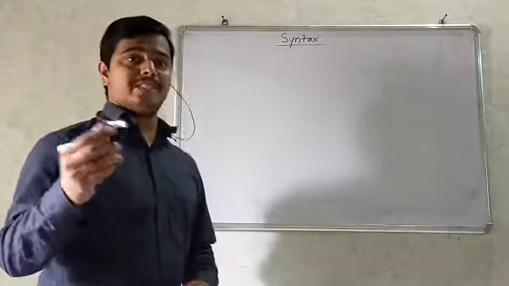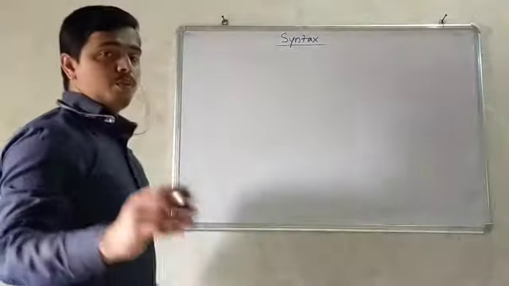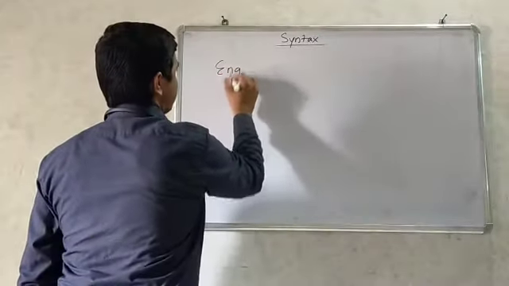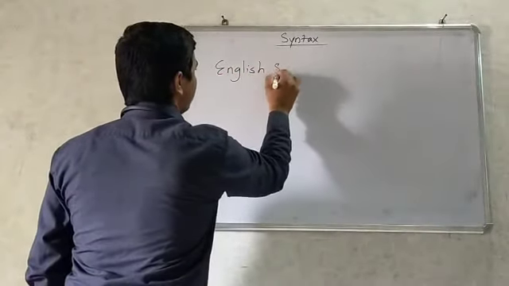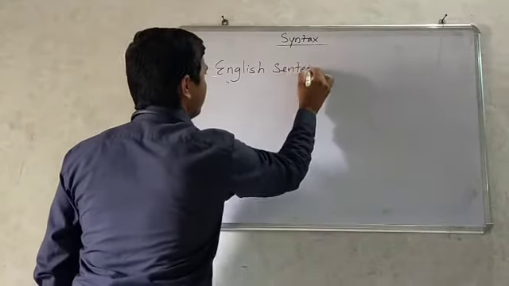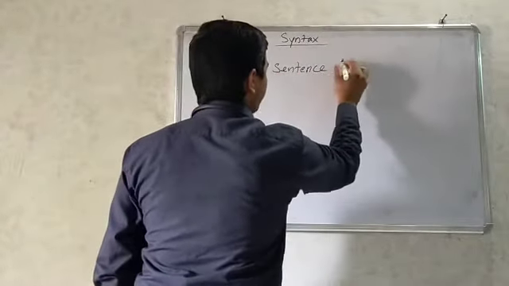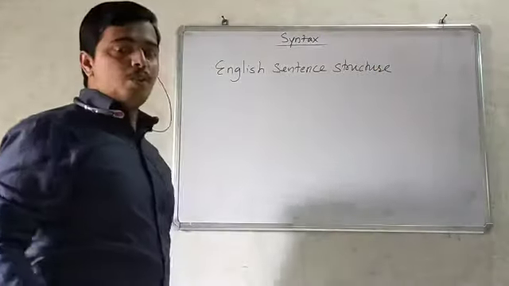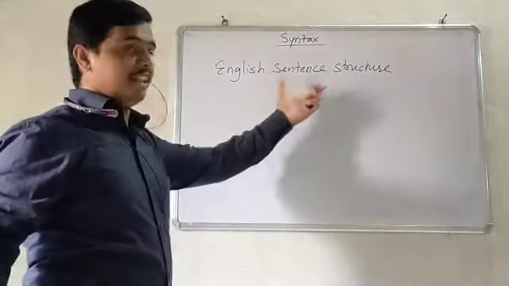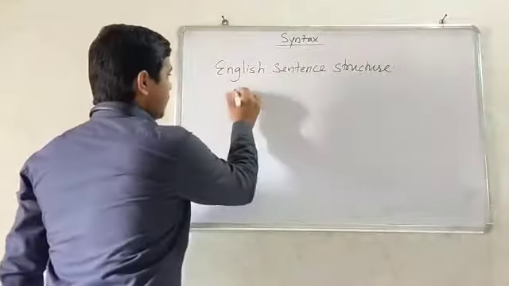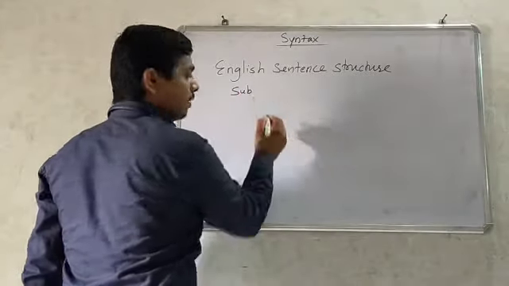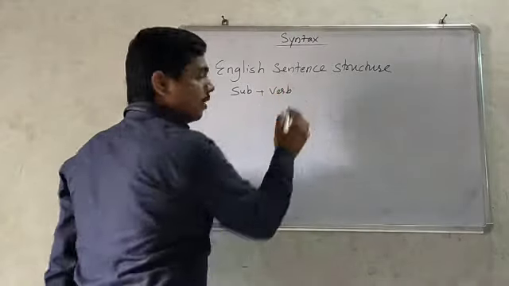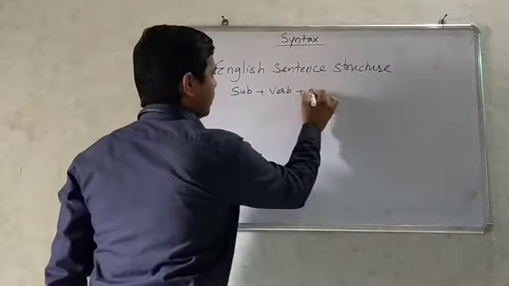Now let us see with some examples. First we will take English. In the English sentence structure, we arrange subject, then verb, then object.